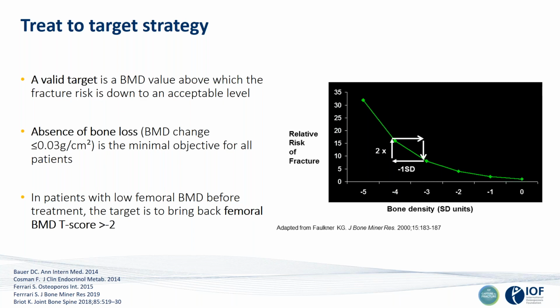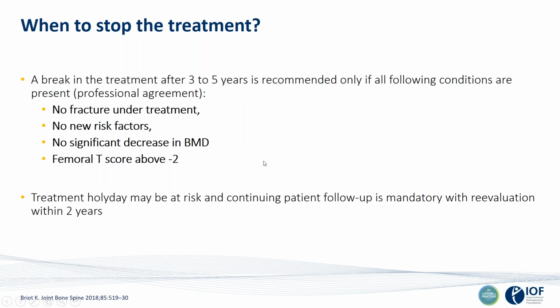At least what you expect is no bone loss, but you certainly can do better, especially for patients who start treatment with a low femoral BMD. And then it will help you to decide whether you can stop or not the treatment.